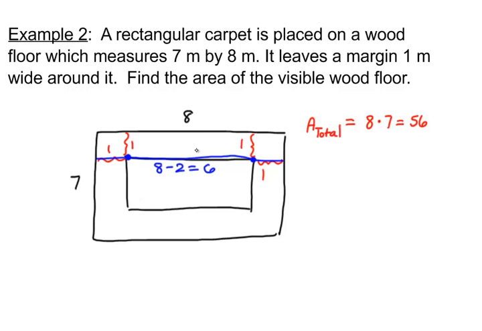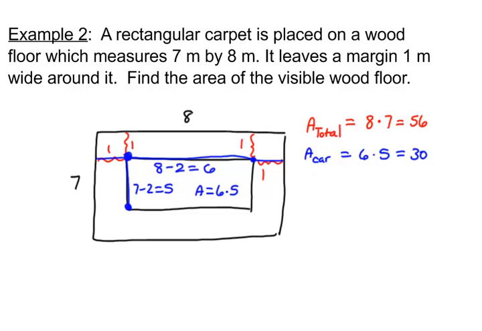And so this distance from here to there is going to be 7 minus 2, which is equal to 5. So my area is equal to 6 times 5. So the area of the carpet is equal to 6 times 5, which is equal to 30.